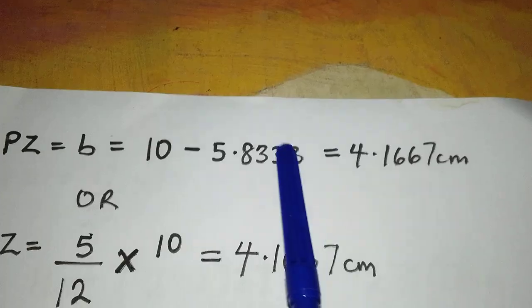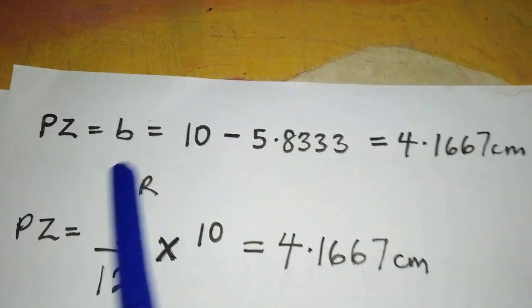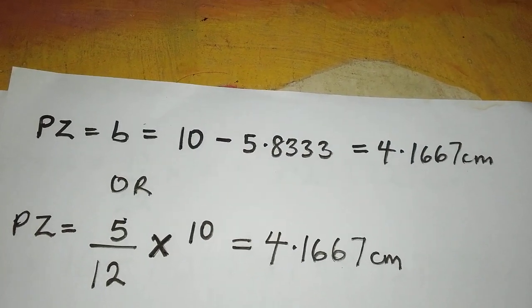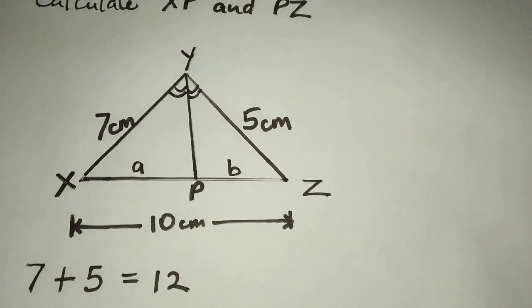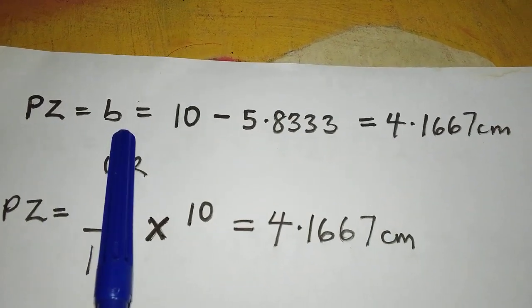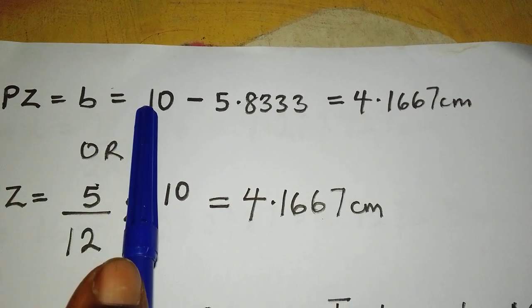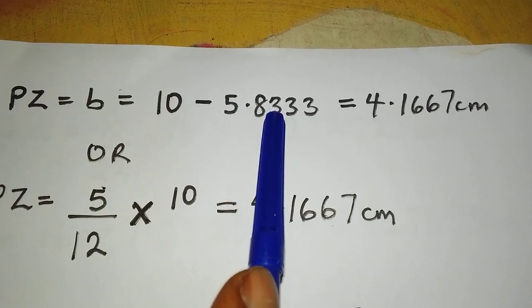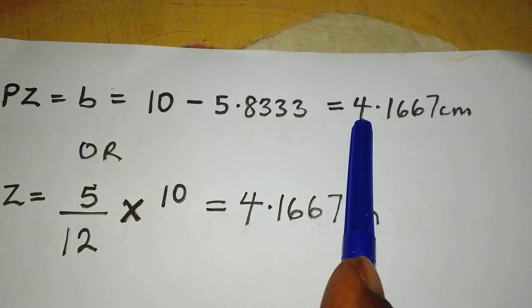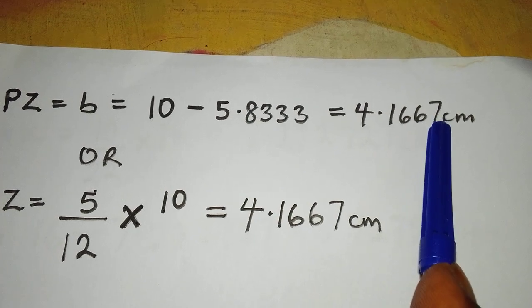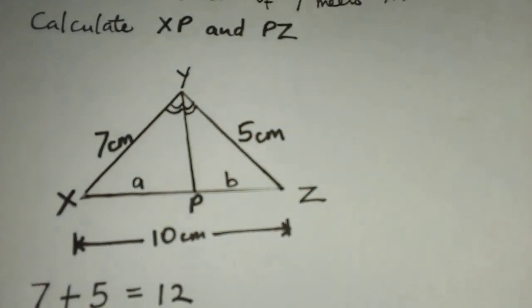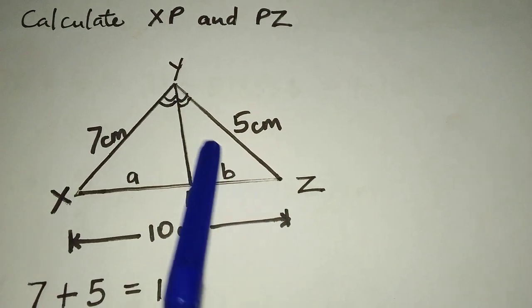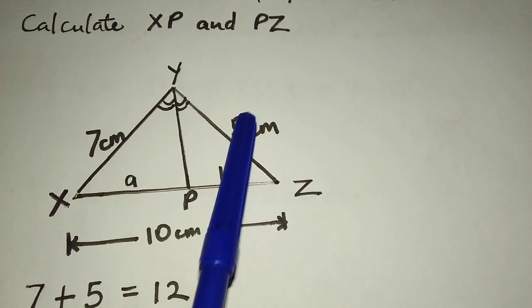Our B is represented by PZ, so PZ is equal to B, which is 10 minus 5.8333, which will give us 4.1667 centimeter.